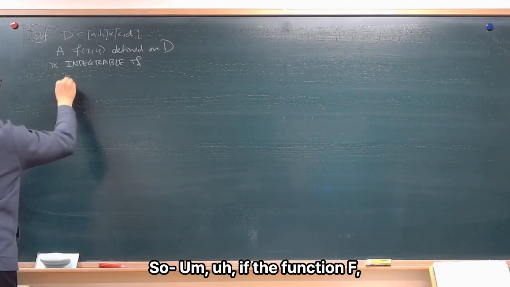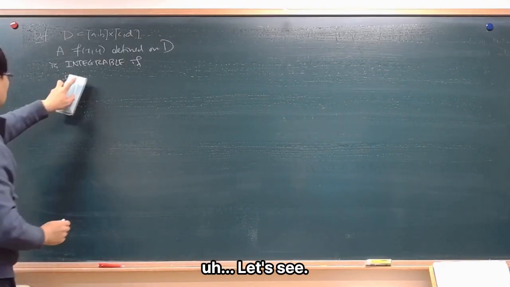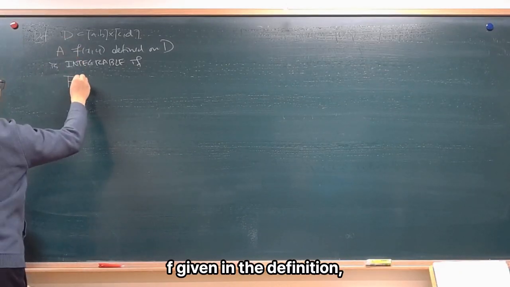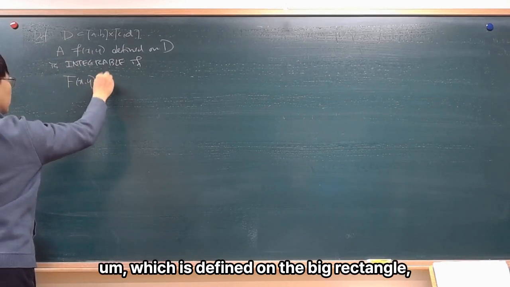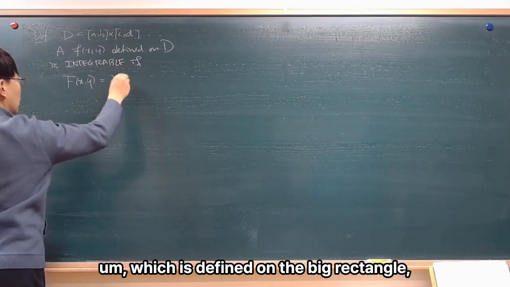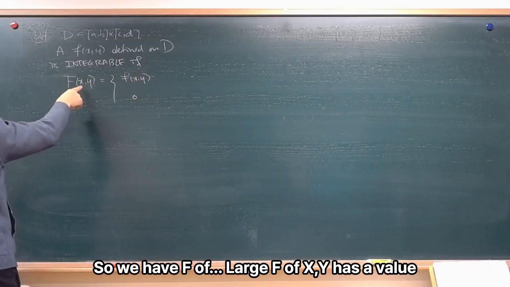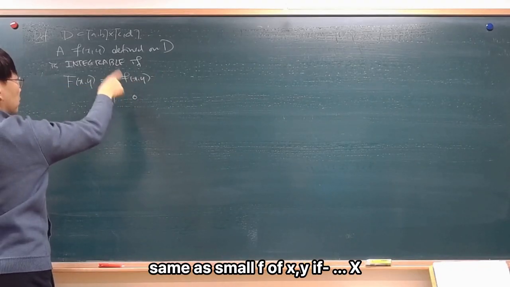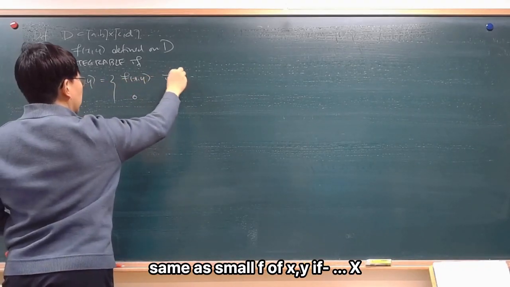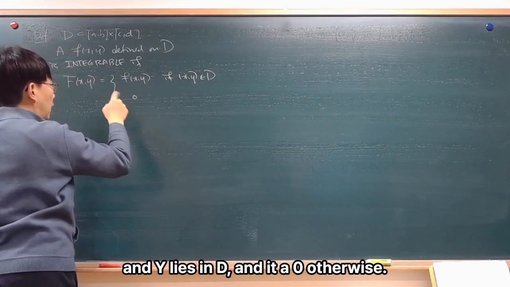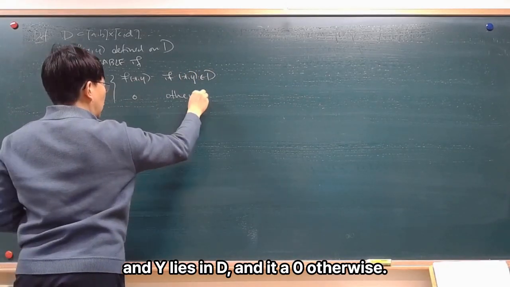If the function large F, different from the small f given in the definition, is defined on the big rectangle in the following way: large F of x y has the same value as small f of x y if x and y lie in D, and it is 0 otherwise.